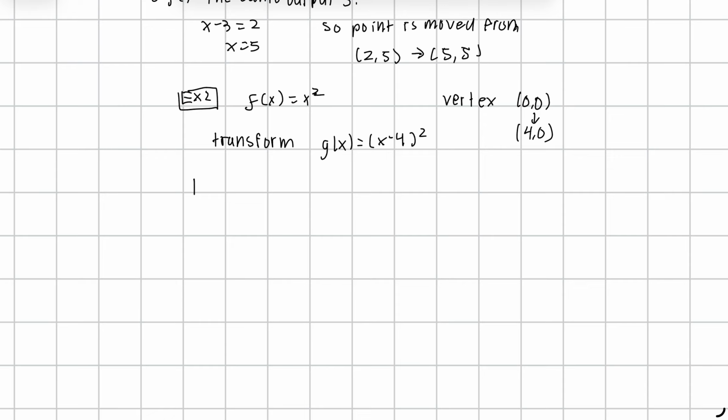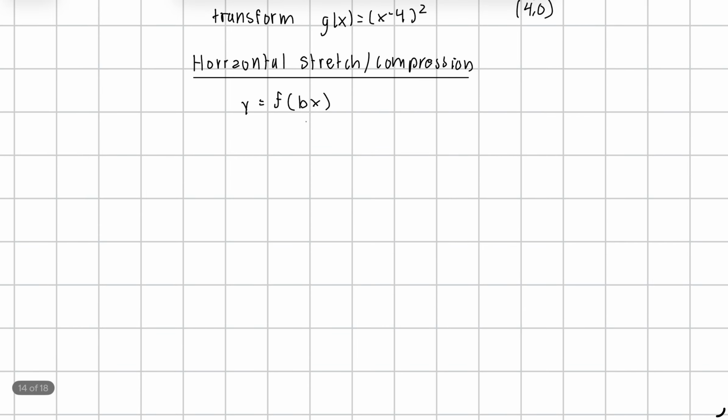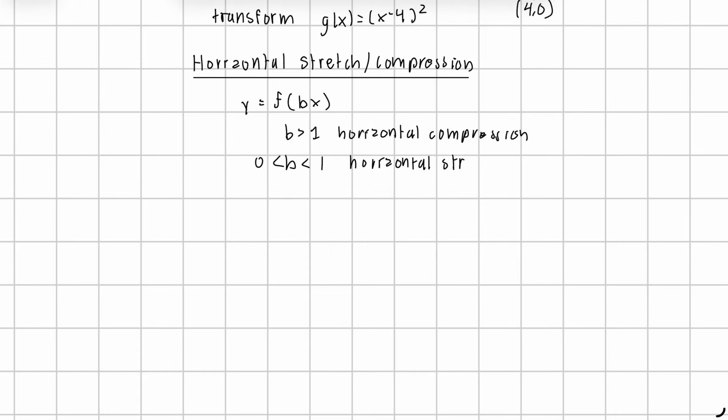So what about a horizontal stretch or compression? Our rule is we are going to have a function, and inside we have b times x. So it's also going to affect x values oppositely. If you have a value greater than 1, you're going to have a horizontal compression. And if you have a value that is in between 0 and 1, that is going to be a horizontal stretch.